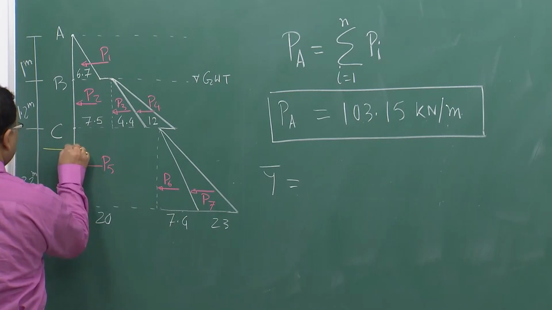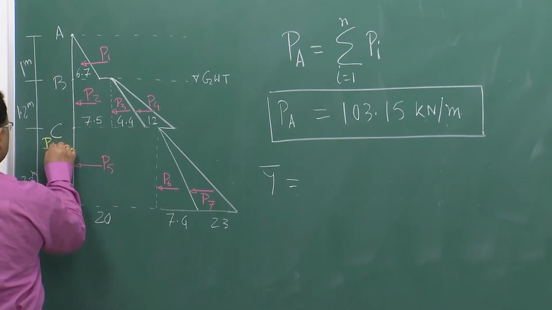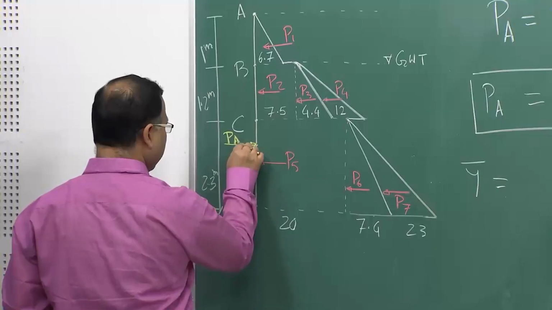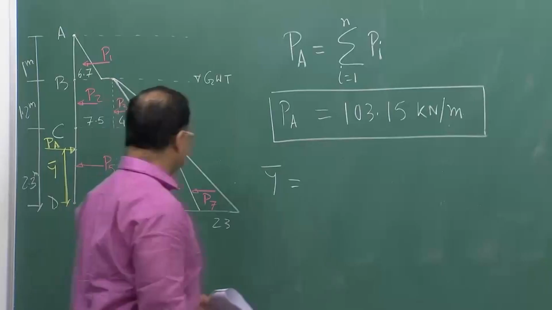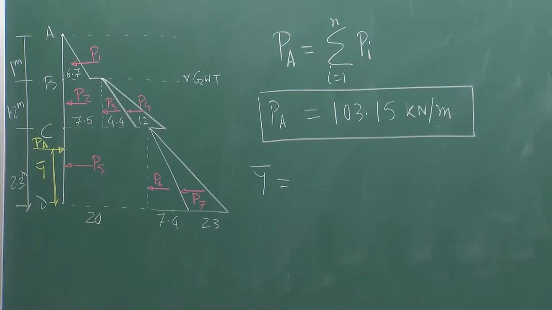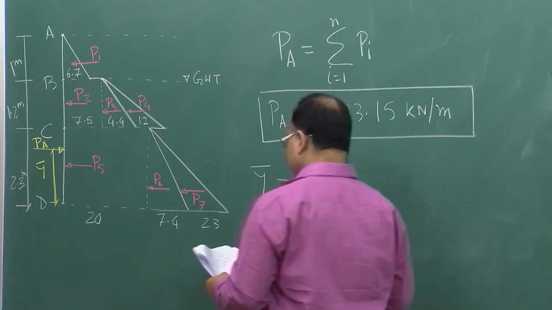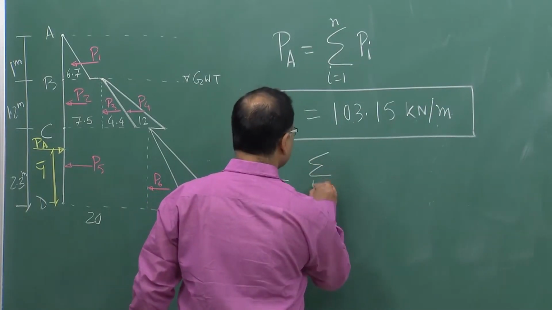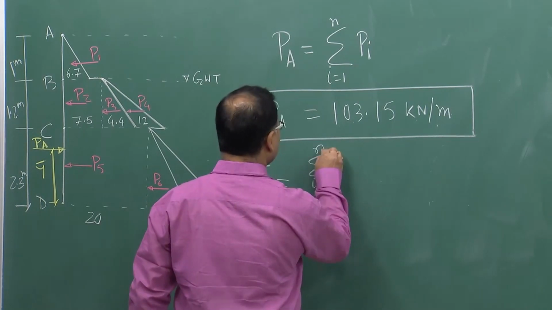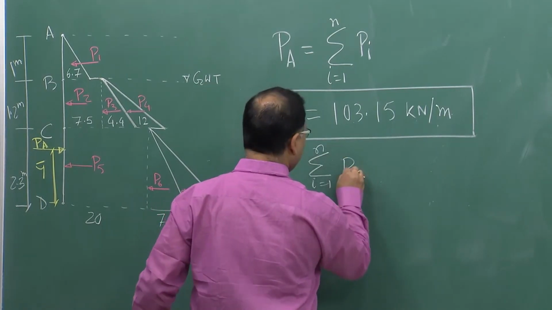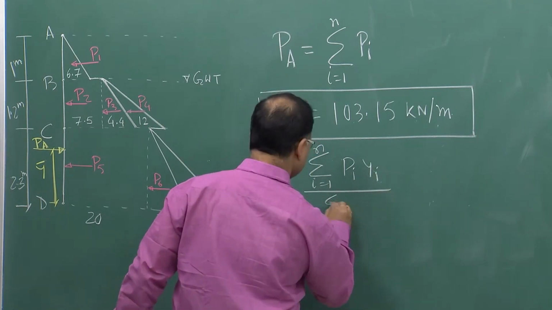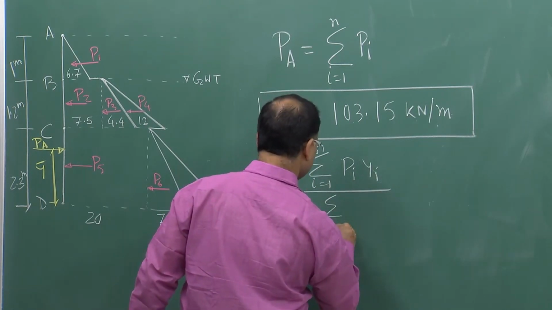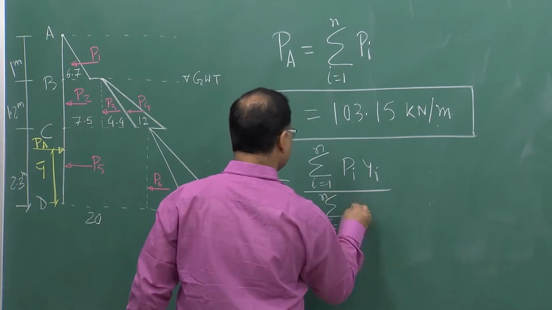Say this is my PA and this is my y bar. So, y bar is equal to summation of Pi yi by summation of Pi.